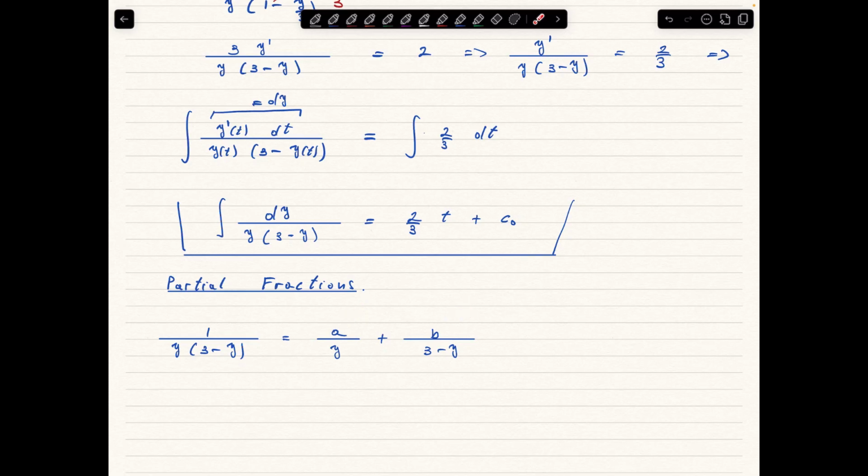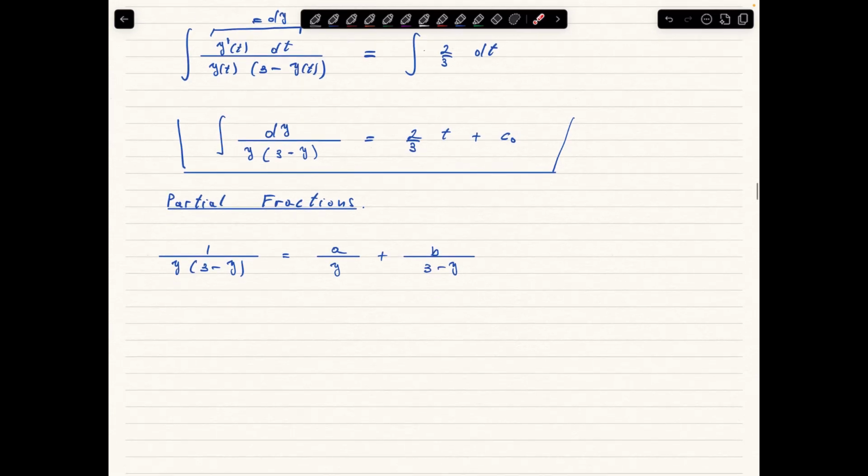So how are we going to choose those coefficients? Well, we do the addition one more time. So for y times 3 minus y, that means that the coefficient a is multiplied by 3 minus y, and the coefficient b is multiplied by y. So now the terms on the left and the right have the same denominators. That means we can cancel them out.